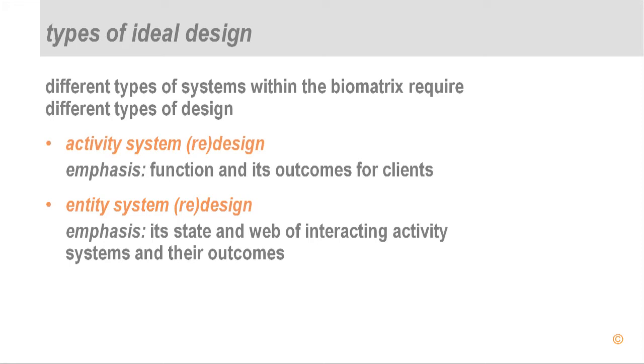So it describes the state of the system as an outcome, and then it describes the interacting activity systems that it is involved in. So what kind of person am I is the state, and then what are my activities? And we speak of threefold activity systems.